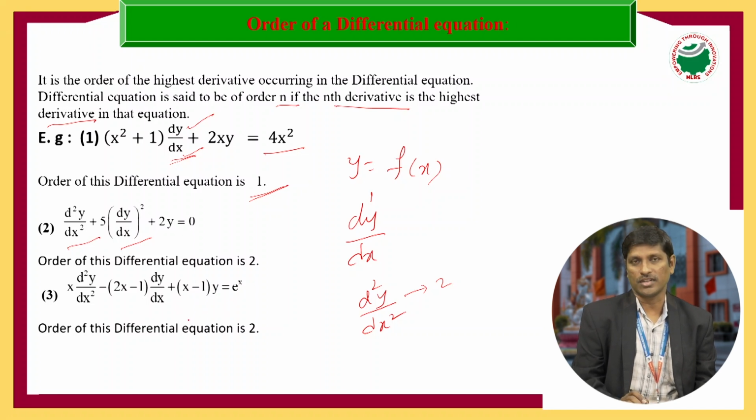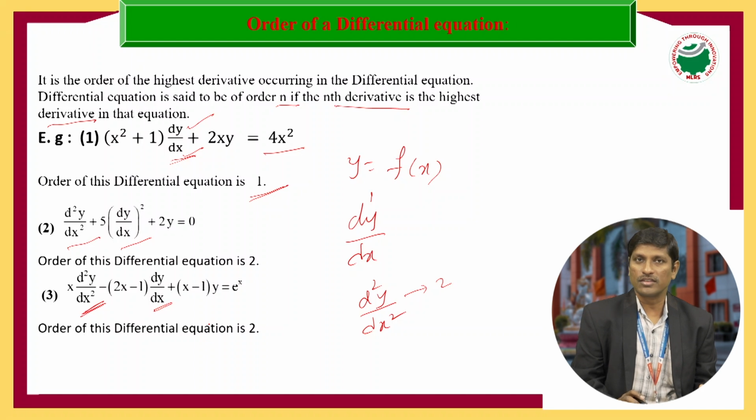Here also dy by dx and d square y by dx square are there. So the order is obviously 2. Why? Because the second order appears in the equation, and this other one is the first order. So the order of this differential equation is 2.